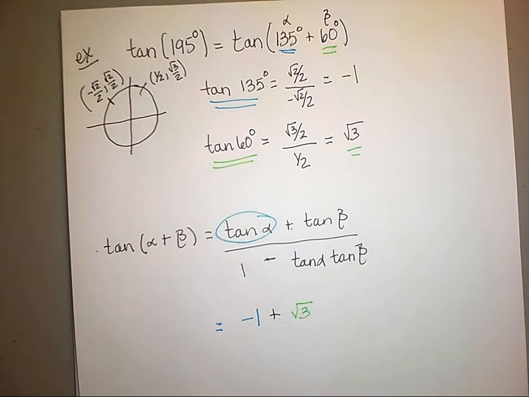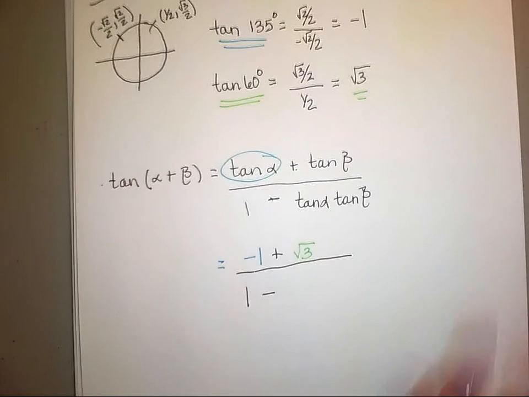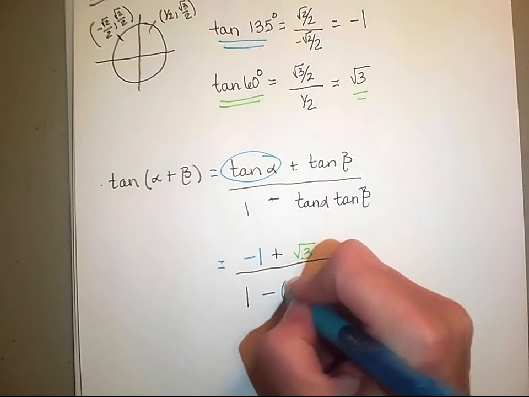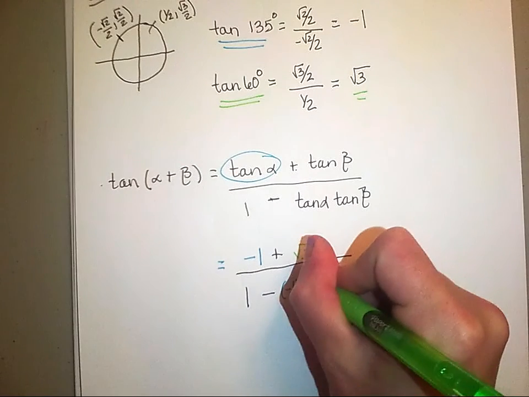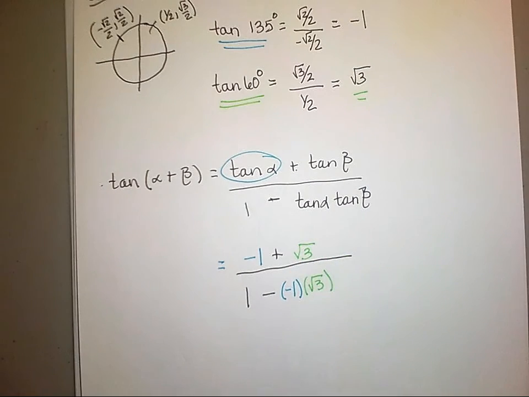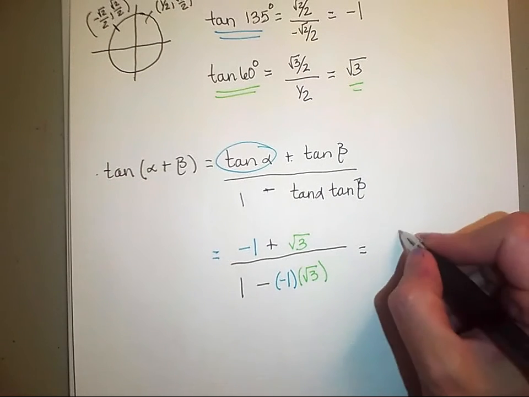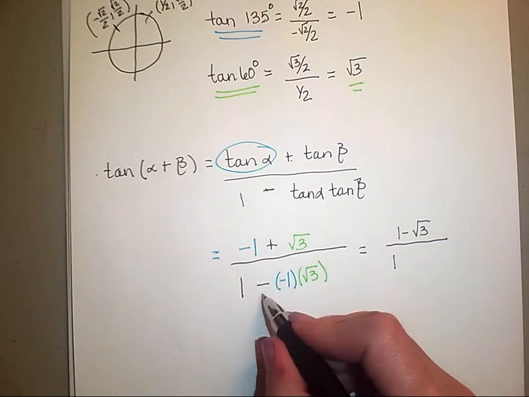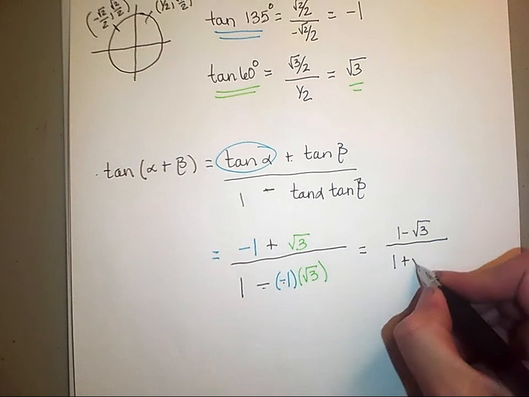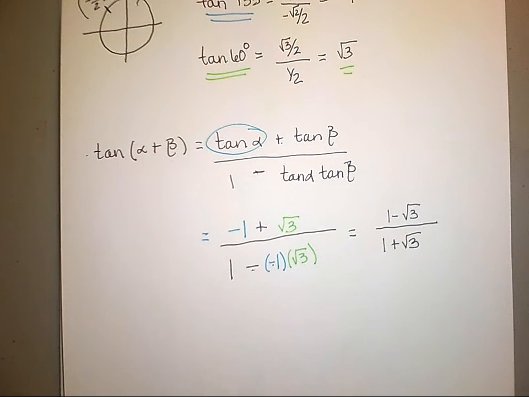Or no, just square root of 3. Then we divide that by 1 minus their product. -1 is the tangent of alpha, and the tangent of beta is square root of 3. So this becomes, up top is fine, -1 plus square root of 3 over 1. Now negative and negative become positive, square root of 3.